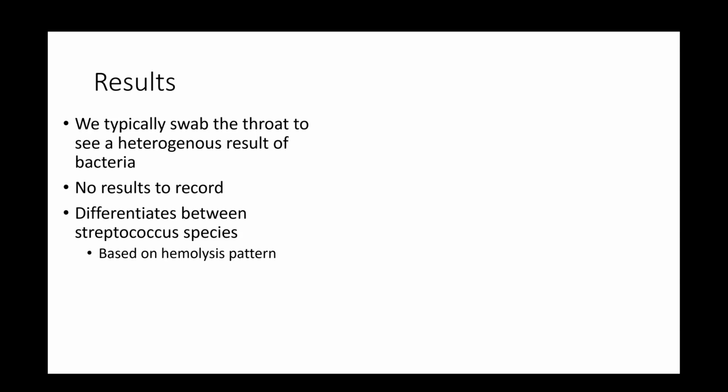So what we usually do in lab is a throat swab. We learn how to do a throat culture and a throat swab, and then we streak for isolation onto a blood agar plate, and in 48 hours we see if anyone had any alpha or beta hemolyzers in their throat. So we don't have any results to record.